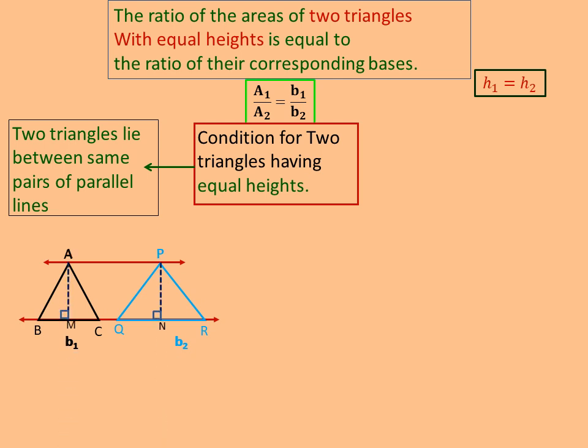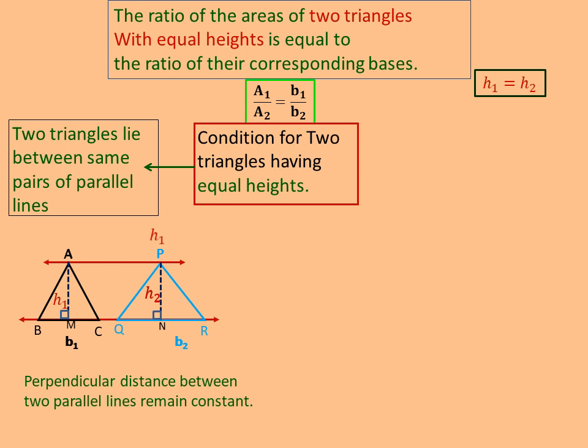Here the heights are AM and PN, because from vertex A we have drawn a perpendicular on its opposite side BC. So AM and PN are the heights of the two given triangles, and as I said, the perpendicular distance between the two parallel lines remains constant.